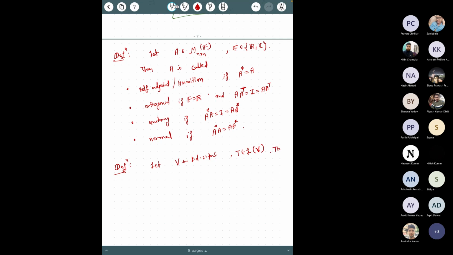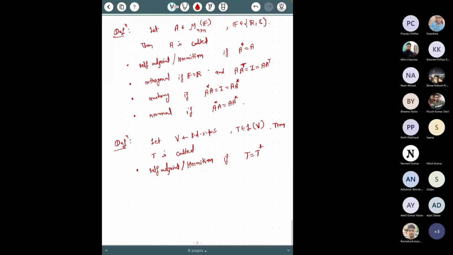Then this operator T is called self-adjoint or Hermitian, the same way we define it for matrices, if the adjoint of T is equal to the operator itself.